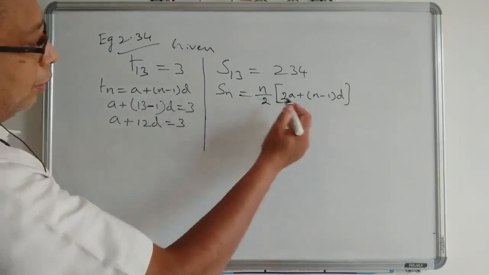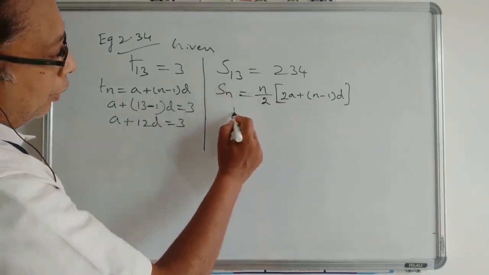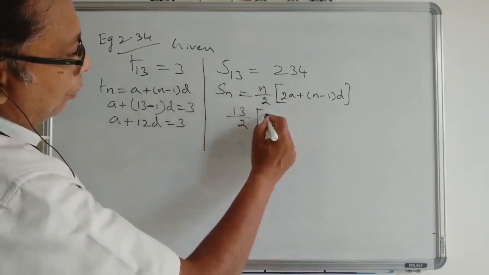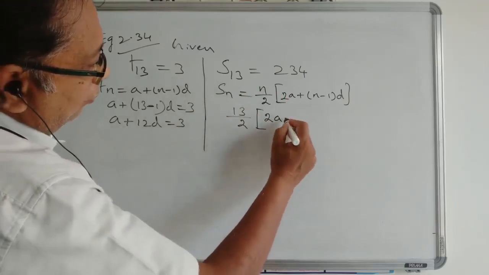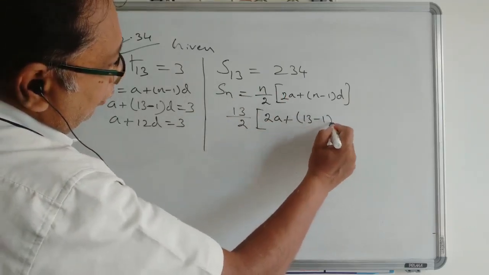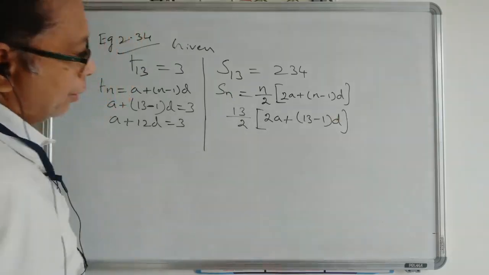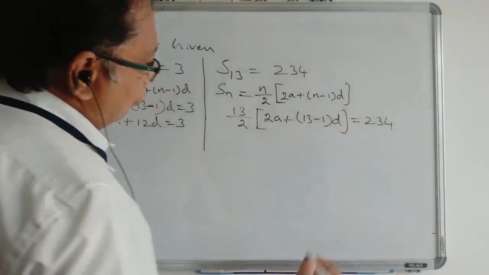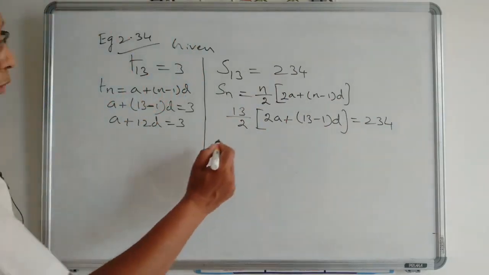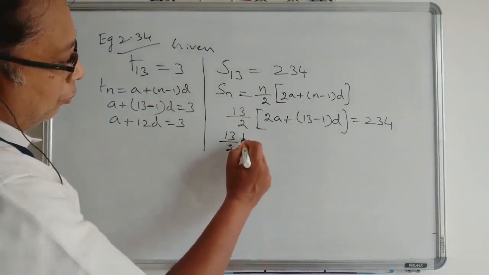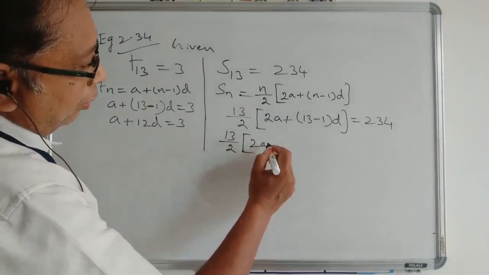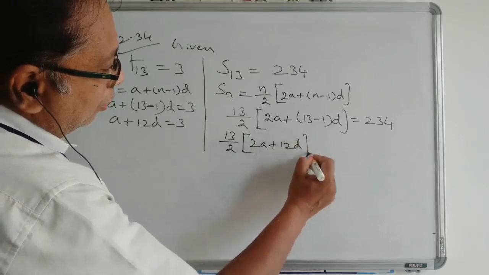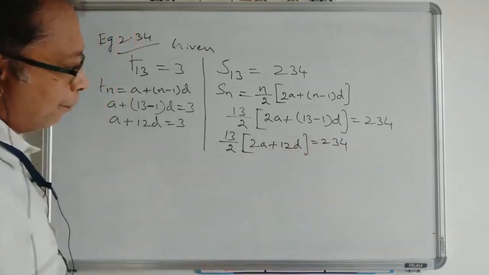Next, n value 13 by 2. Next 2a, we write it the same, plus n place 13 minus 1 into d, equal to the value 234. Therefore 13 by 2 into 2a plus 12d equals 234.